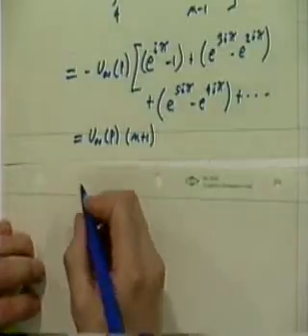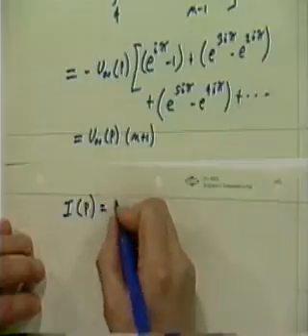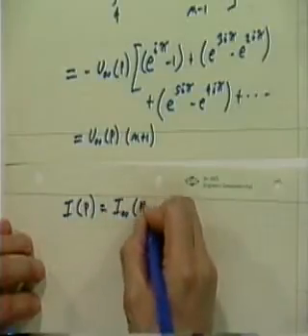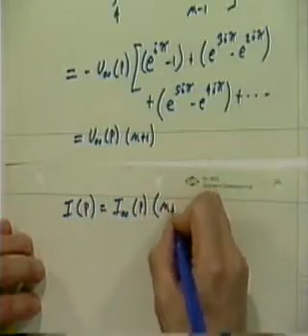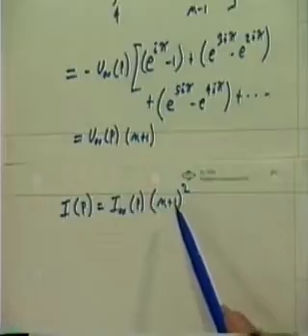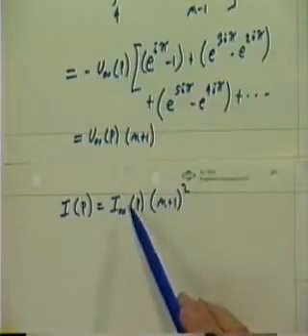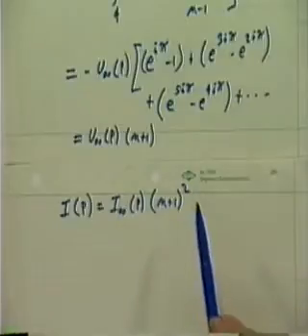And so we will get that I of p is I double zero of p times n plus 1 squared, where we have n Fresnel zones. So this agrees with what we had last class, where n was equal to 1. We'd have a 4 I double zero of p.